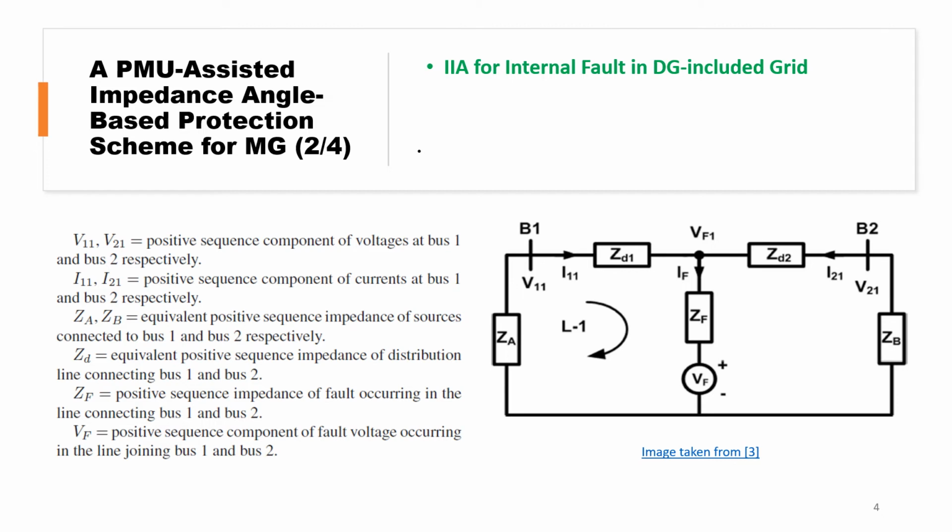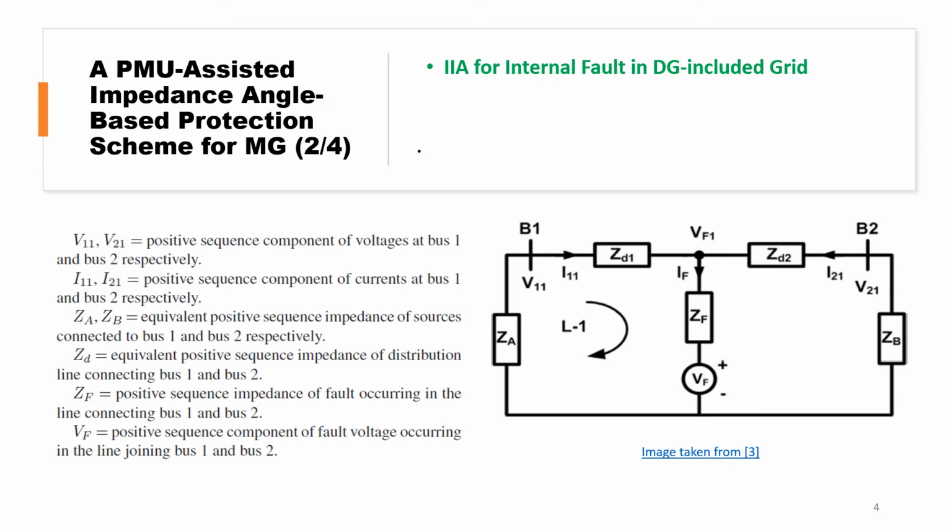Let us go through some terminology. V11 is the positive sequence component of voltage at bus 1. V21 is again the positive sequence component of voltage at bus 2. The second digit in the subscript indicates the positive sequence, and the first digit in the subscript indicates the bus number.